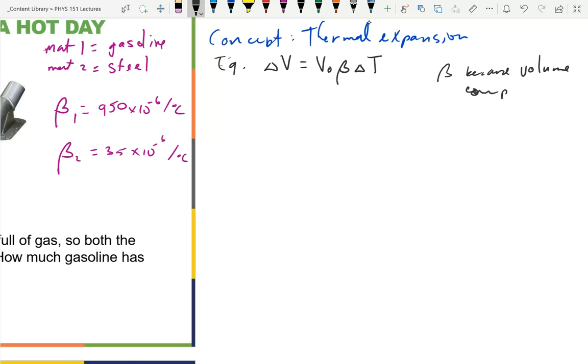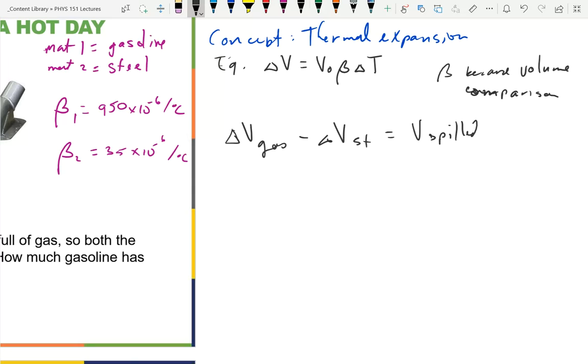That's a comparison. And then delta volume gas minus delta volume for steel is equal to the volume spilled.